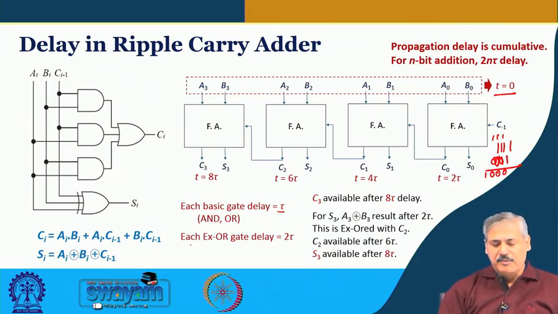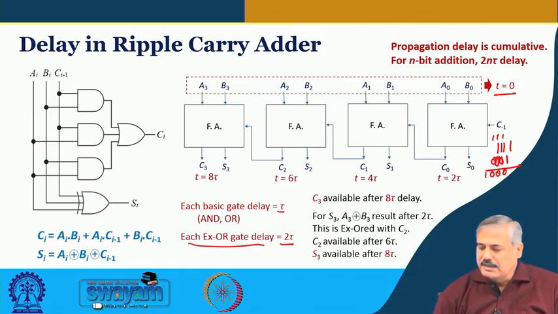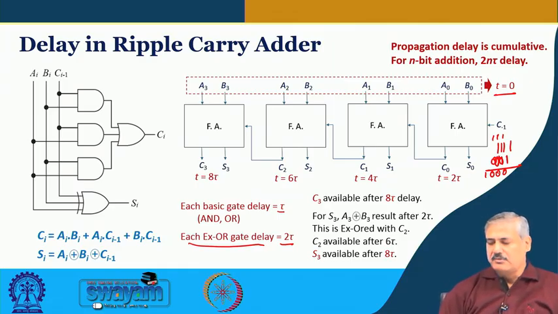And of course, we take note that the XOR gate, which requires the a b prime plus a prime b kind of circuit, requires 2 tau gate delay, that is 2 basic gate delays considering the way it is arranged. So, how much is the delay in completing the ripple carry addition for 4-bit? We shall see the maximum delay path, the critical path.